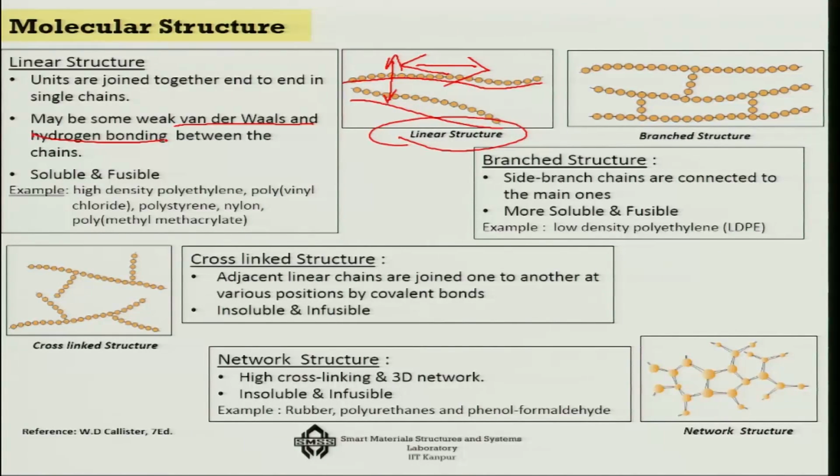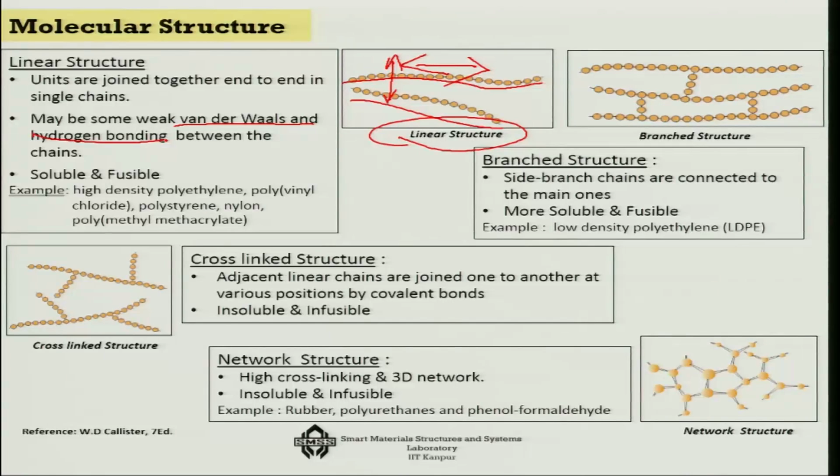So as a result, they have first of all directionality. In one direction they will be exceptionally strong with a high modulus of elasticity. On the other hand, in another direction they would not be, so they will be weaker, and they are soluble and fusible because of this kind of structure, and they are green also. You can use them many times.